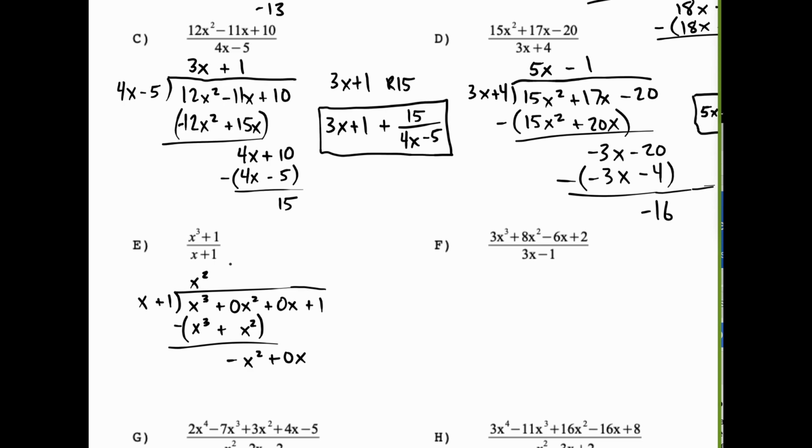Let's see, we'll want to multiply by a negative x. And oh, this one works out pretty well. Looks like we'll have no remainder there. It'll just be x squared minus x plus 1.